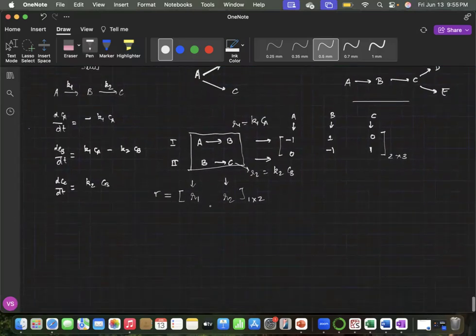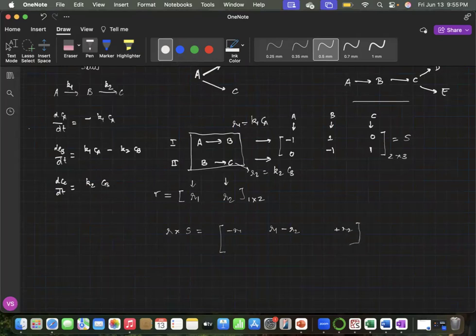So now if we multiply the rate vector to the stoichiometric matrix, let's call this the stoichiometric matrix, R multiplied by S would just give us minus R1, then R1 minus R2, and plus R2.